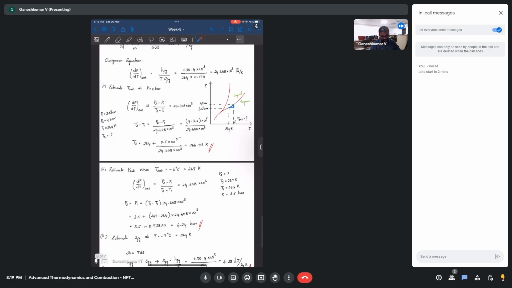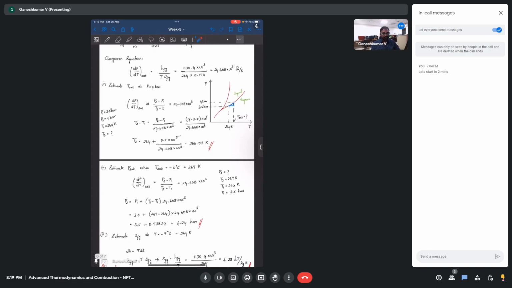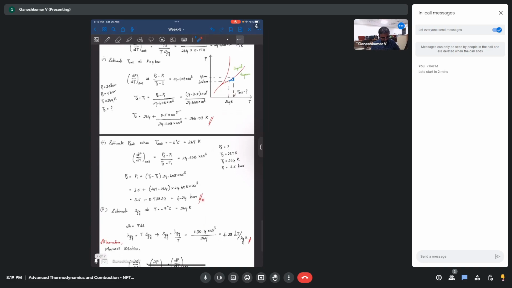Similarly, when we have an increase in temperature, what is the increase in pressure we are getting? That is going to be around 0.7 bar, using the same information about the slope.